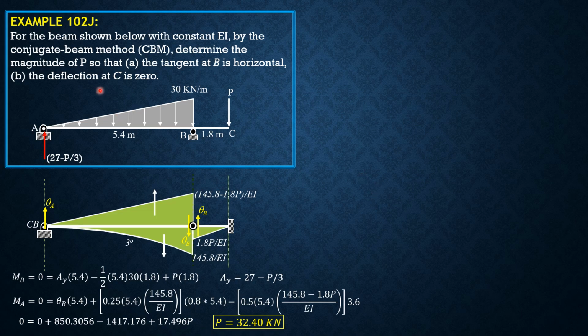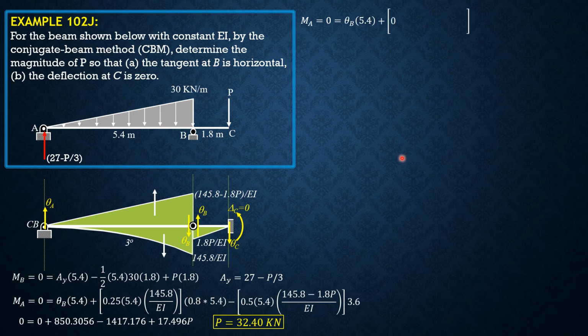So in part B, the deflection at C is 0. So let's consider this portion and solve for theta B. Theta B is no longer 0 in the second part. Only the deflection delta C is 0 in the second part. So still moment at A equals 0, and we copy these equations here.